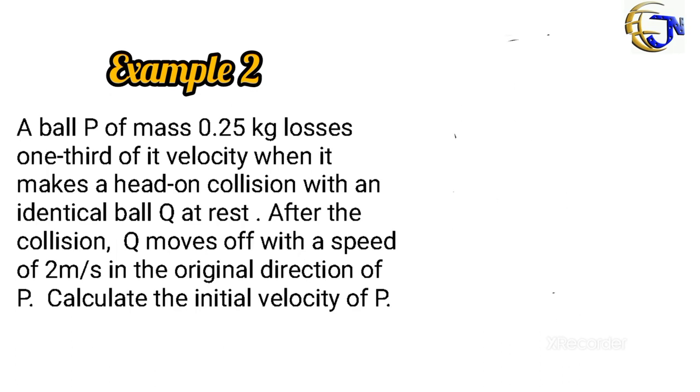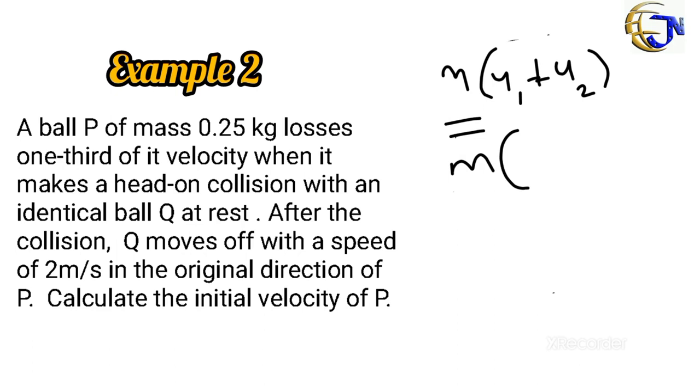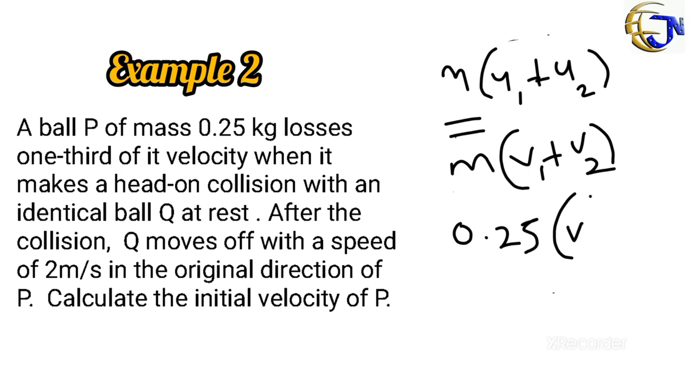Okay, because they have the same mass, I can say m(U1 plus U2) is equal to m(V1 plus V2), so that I can make the calculation faster. Remember that m is 0.25. So I can have 0.25 times our U1, which is just V, plus U2, which is 0.